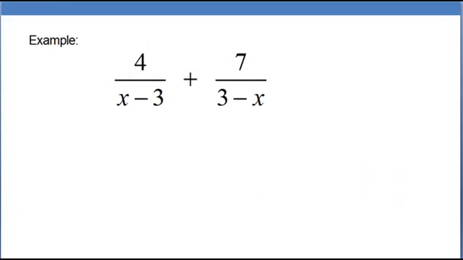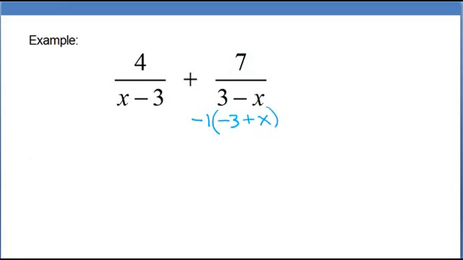For our last example, we have denominators that are called opposites. You can actually get one from the other by just factoring out a negative 1. The only difference is they have opposite signs. So if we do factor out from the second one a negative 1, that would leave a negative 3 plus x, and then they match the x minus 3.